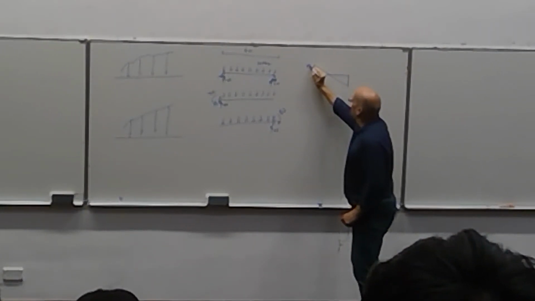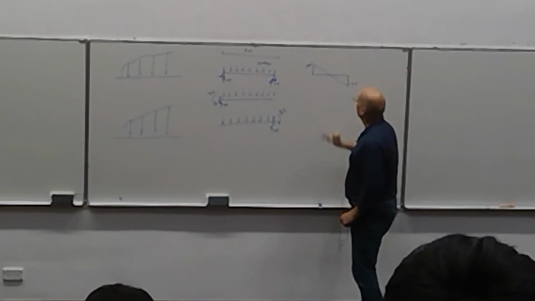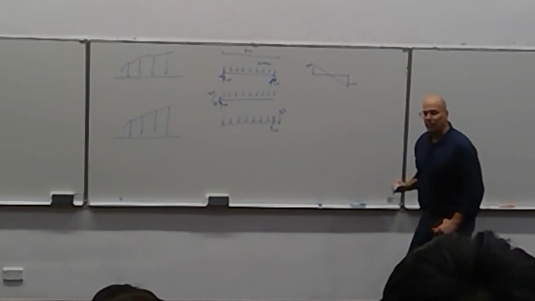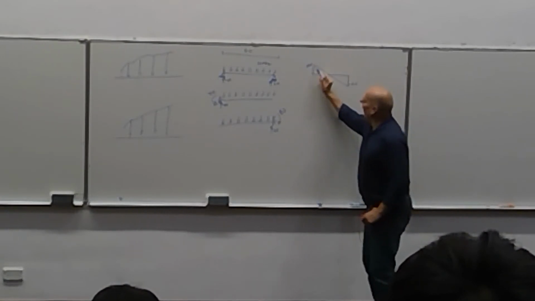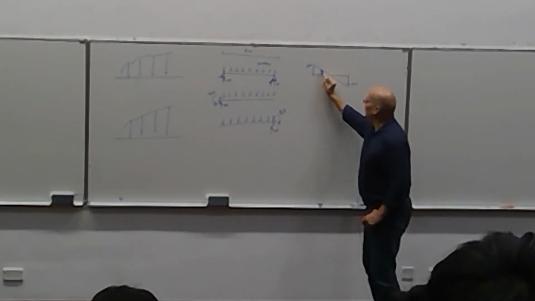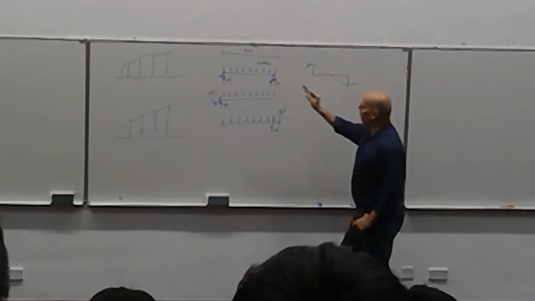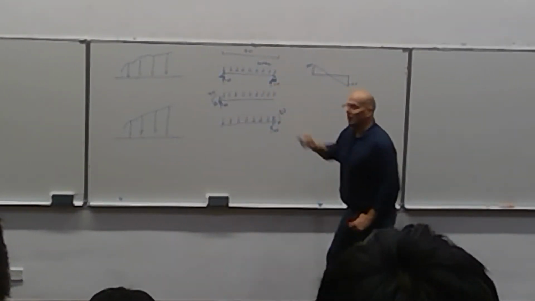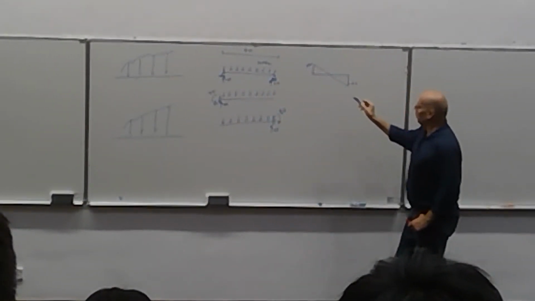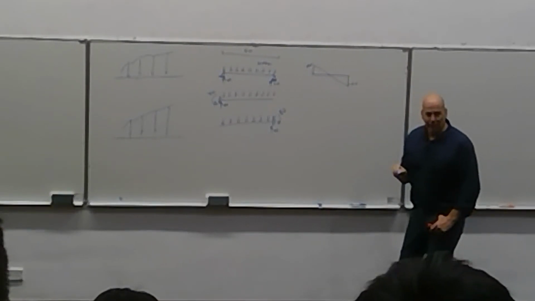So this is the shear diagram. Again, we jump up 20, we get pushed gradually with constant slope. We lose 20 times 4 between here and here, we go to minus 20, then we get the 20 that pushes up, and the diagram closes.